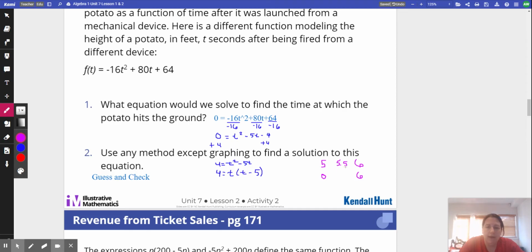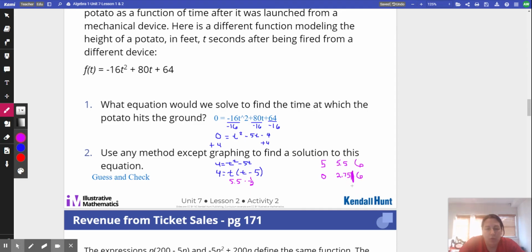If I plug in 5.5, then 5.5 minus 5 would be a half. So 5.5 times a half. Well, what is half of 5.5? That would be 2.75. Ooh, we're getting closer. I know 4 is going to be somewhere between 5.5 and 6.